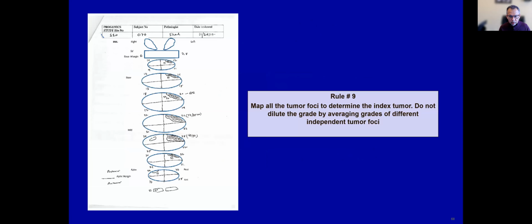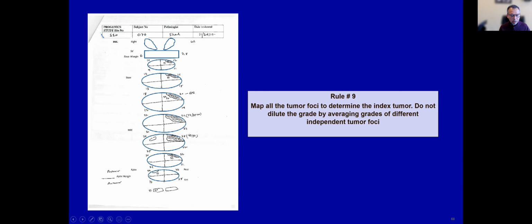So our rule number 9 is to map all the tumor foci, since we typically have a whole mount prostate. I strongly encourage all residents to map the entire area of the different tumor foci. If you are not dealing with the whole mount, then you can use mapping diagrams to map out the whole tumor.